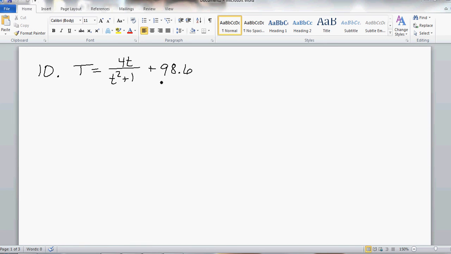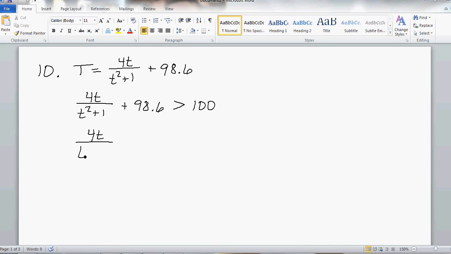T is the time in hours, and we need to determine the time interval for which the temperature is greater than 100. So we want to know when this is greater than 100. So first thing, subtract 100 from both sides, because we're going to get it to the 0.